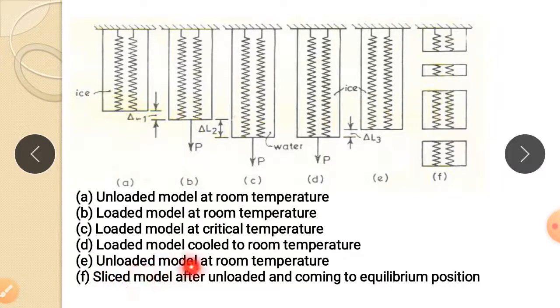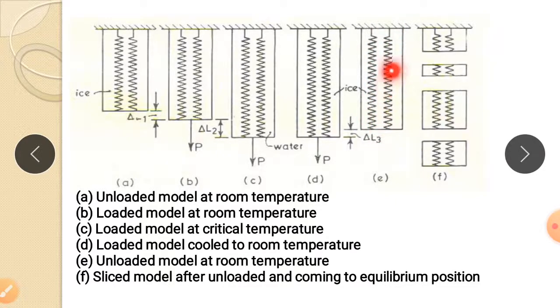Next, the unloaded model at room temperature. Now the load is removed, and you can see initially the ice and spring were going to take the load at this point. But when you unload this model, there is no loading condition, but still you can see there is elongation of the spring.